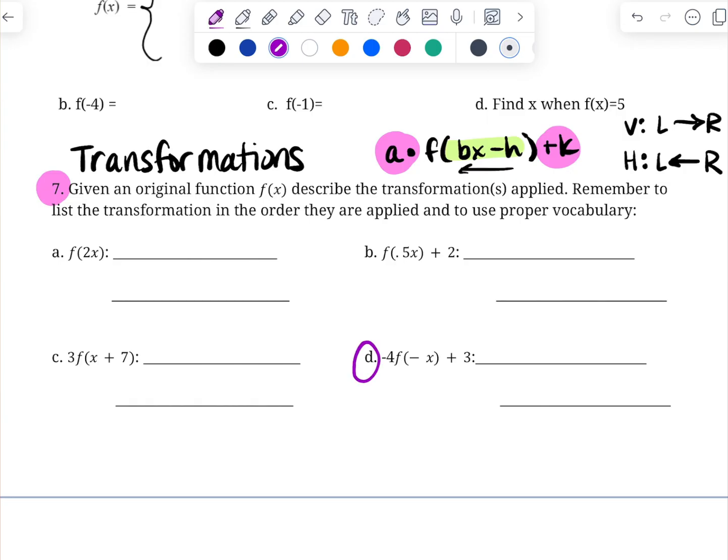So, like, for example, you'd want to make sure you talk about the fact that you are reflecting over the x-axis, dilating y by a factor of 4, and then you want to talk about shifting up 3.